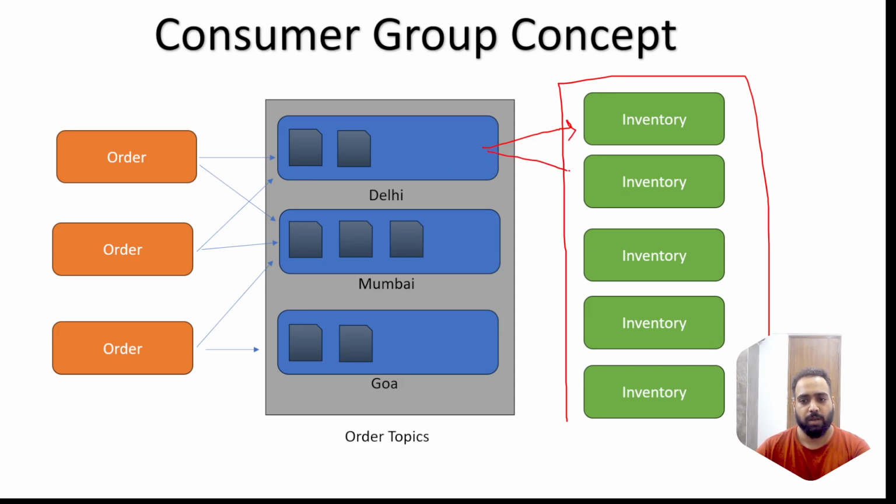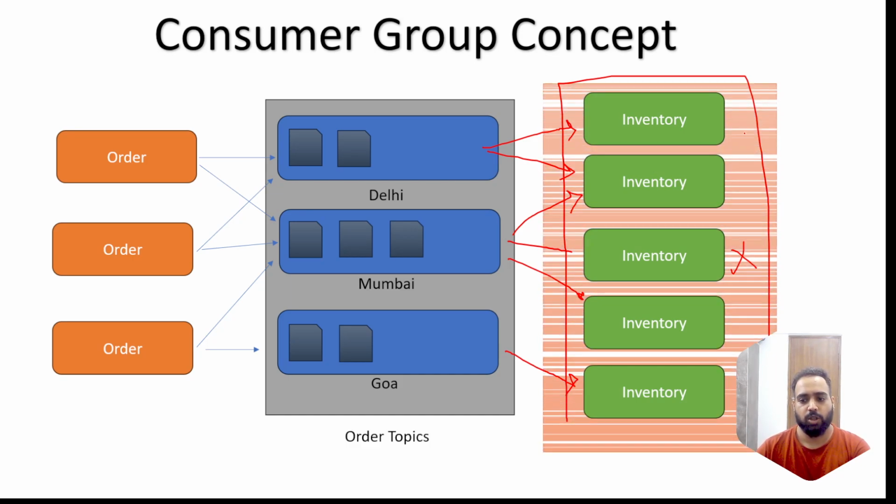So for Delhi, suppose these two instances are defined. For Mumbai, these two instances are defined, and for Goa, this instance of the microservice is defined. If, for example, this microservice is down for some reason, then this microservice will be allocated to the Mumbai orders as well.